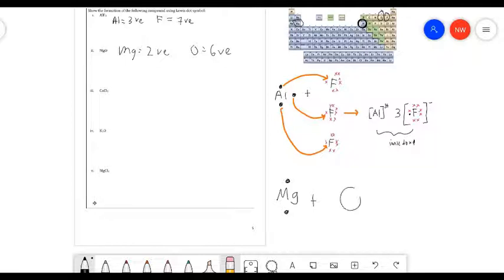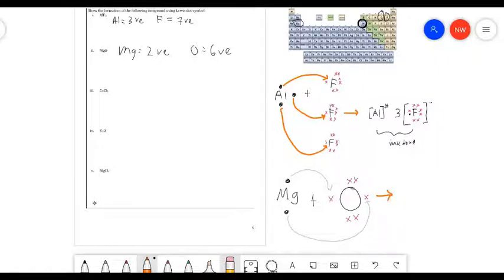So, oksigen ada 6 valence elektron. 1, 2, 3, 4, 5, 6. So, these 2 elektron daripada magnesium akan pergi kepada oksigen supaya oksigen boleh mencapai octet. So, dia akan pergi ke sini. Pair elektron ke situ. Another elektron pergi ke situ. You wajib tunjuk elektron transfer ni.